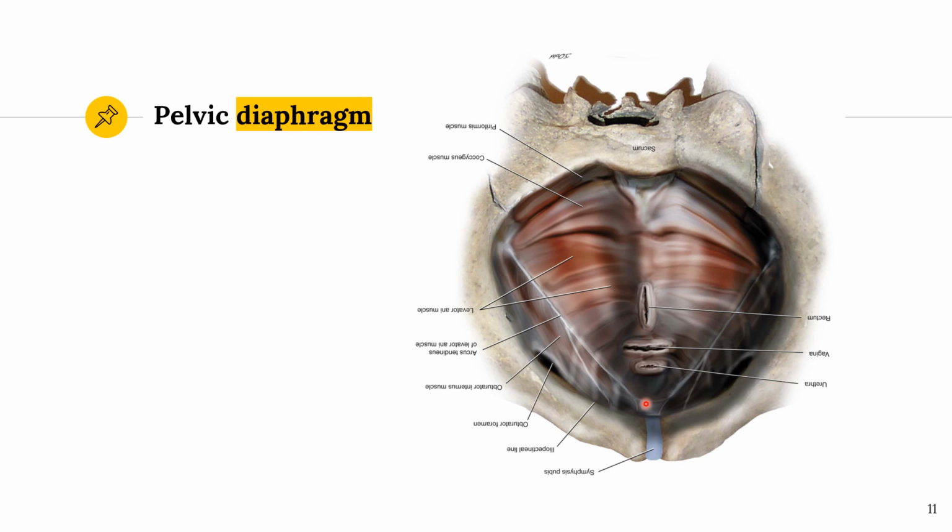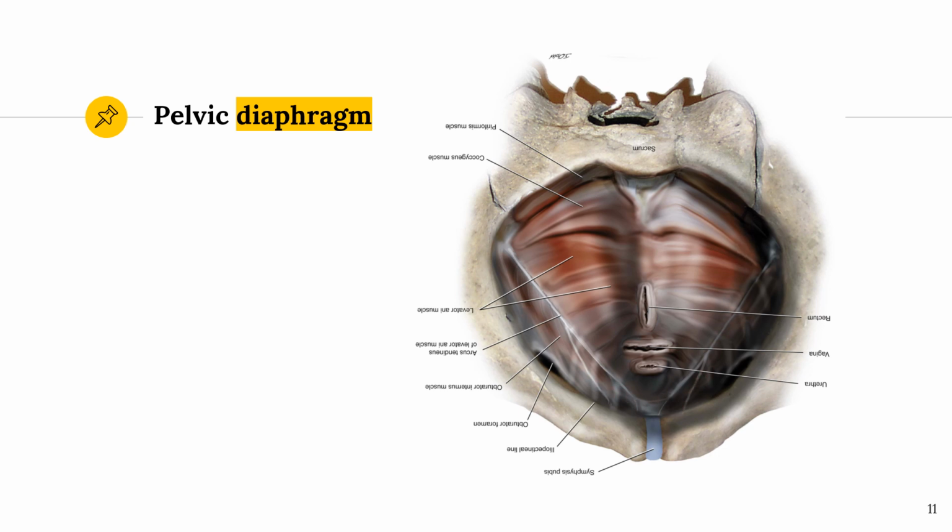The pelvic diaphragm has always been described as a hammock-like structure. As we can see here, these muscles of the pelvic diaphragm create a continuous structure between the pubic bone from the front, the coccyx from the back, and the arcus tendineus fascia pelvis laterally.